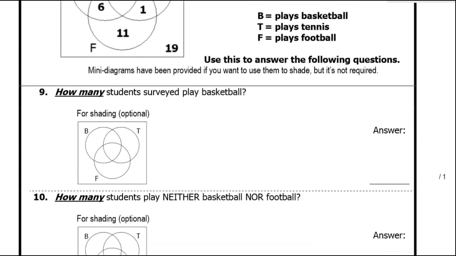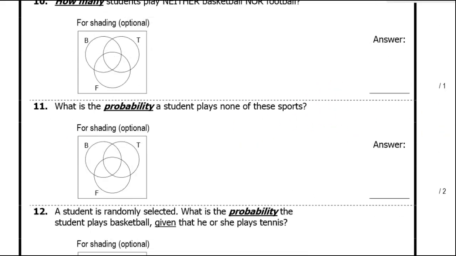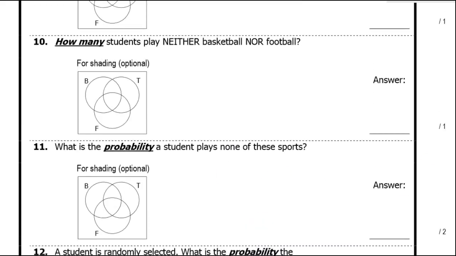Let me just mention real quick, there are two different kinds of questions here. Some of these questions are asking how many, and some of these questions are asking for probability. These are not the same. So please understand that whenever we talk about probability, at its heart, probability is target over total.